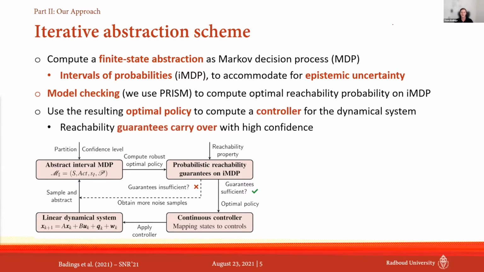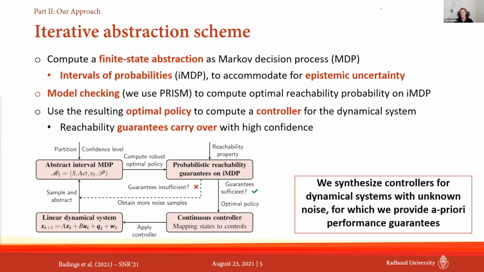And here we have the very important but very nice property that due to the nature of our abstraction, the reachability guarantees that we obtain on the abstract IMDP carry over with high confidence to this dynamical system. So that in the end essentially means that we can synthesize controllers for these dynamical systems with unknown distribution of the noise, for which we provide a priori performance guarantees.